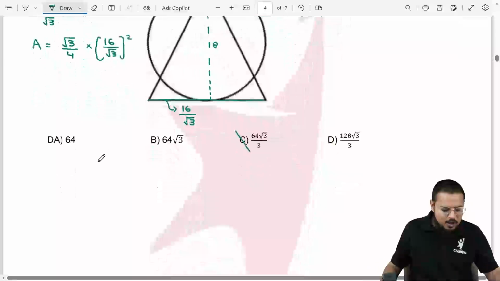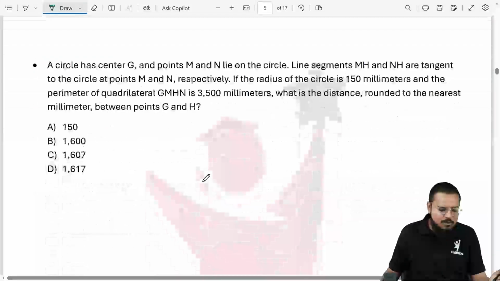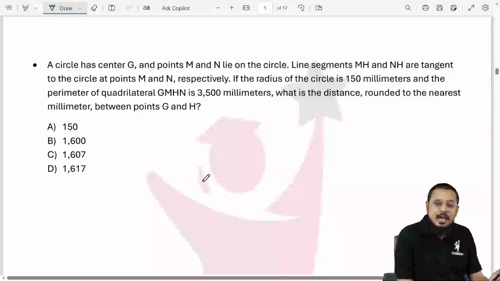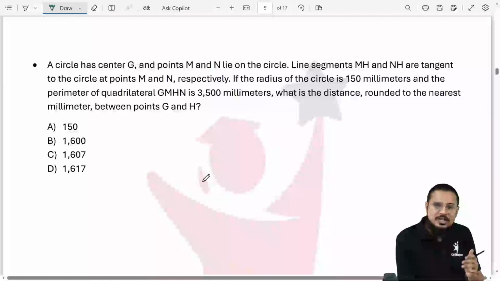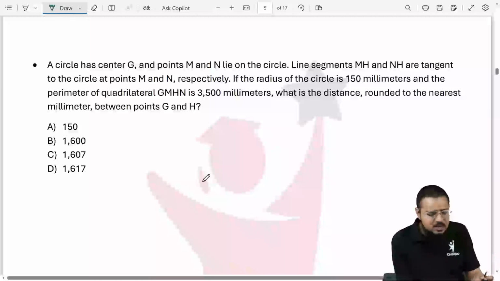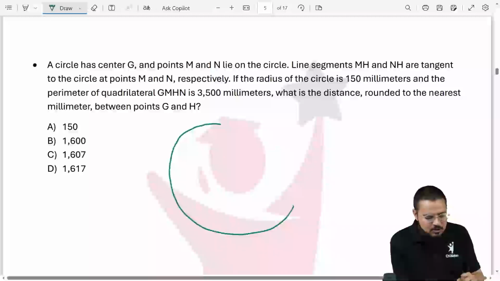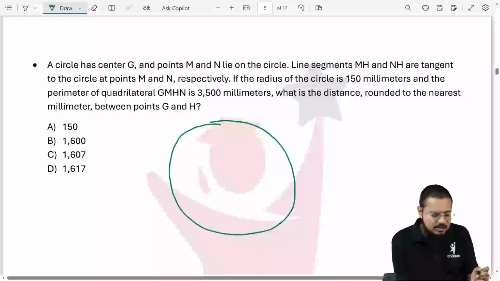So another question on circles and equilateral triangles is specifically another very fine property of congruent triangles created through circles and tangents. For example, in this question, it says that there is a circle. Let's say this is my circle. I will try to create as accurate a circle as possible. So this has a center at G, and points M and N lie on the circle.